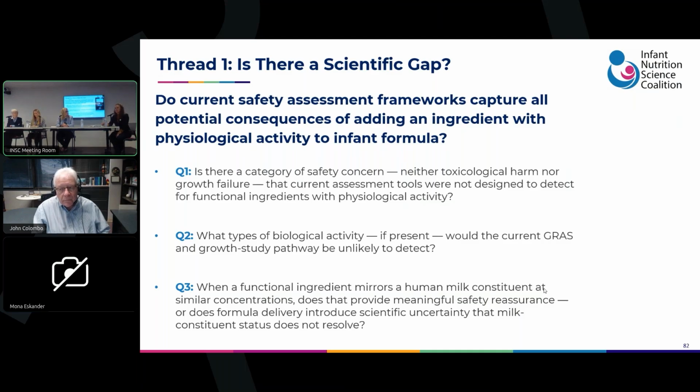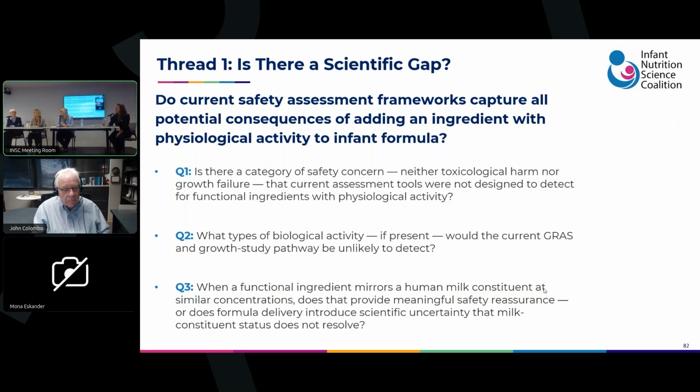But certainly functional outcomes, and I think we mostly have aligned on that in this room and our online community. That's why we're here, looking at the functional outcomes and the disparity between the outcomes of infants exclusively fed infant formula versus those on human milk. That gap still exists. And so that's what we're trying to address with this conversation of how to close that gap and how to select the appropriate ingredients for that.